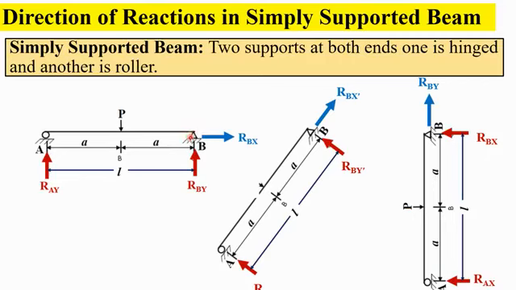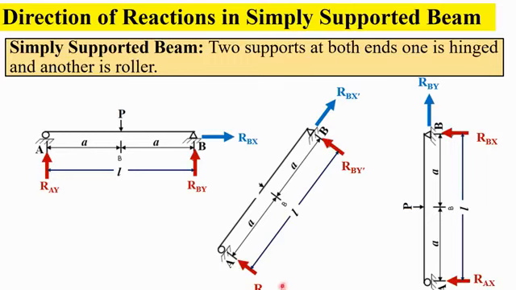But hinge support has two reactions. One is vertical, as it is point B, I have written RBY, and an axial force RBX. These are the reactions. If it is inclined, you see, the RAY, RBY, RBX remain the same, but it has changed direction.